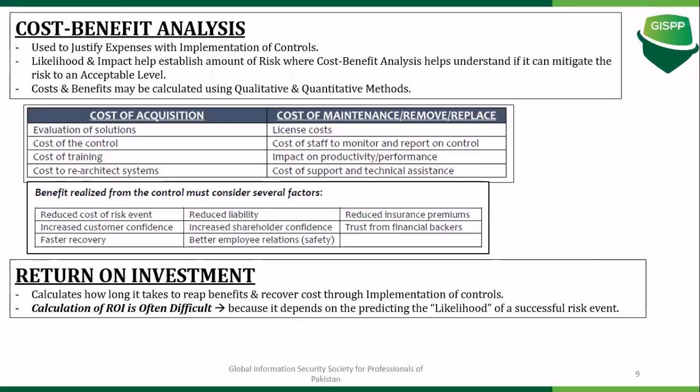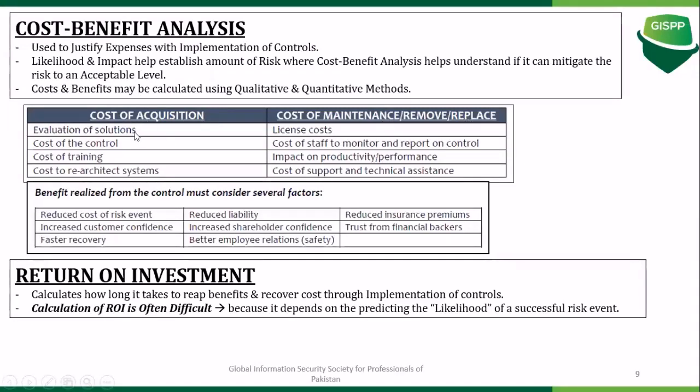Does that cost justify making such an expense, and how is it going to reduce the likelihood and the impact of the risk, how can it help you mitigate the risk itself. The cost and the benefits can be calculated using the qualitative or the quantitative method. So if you see over here, you have the cost of acquisition and you have the cost of maintenance.